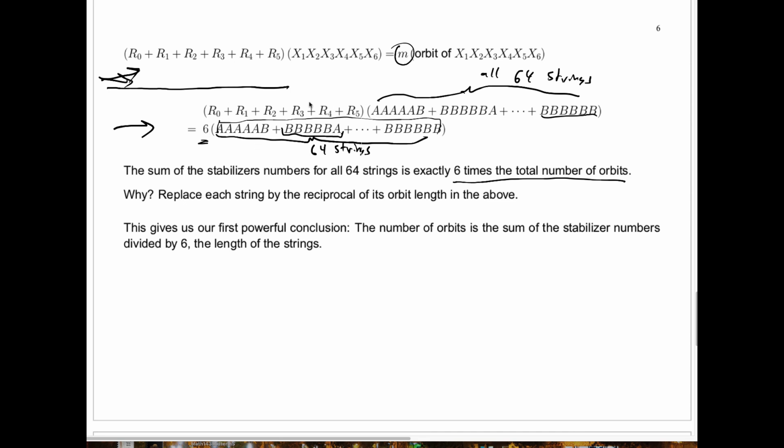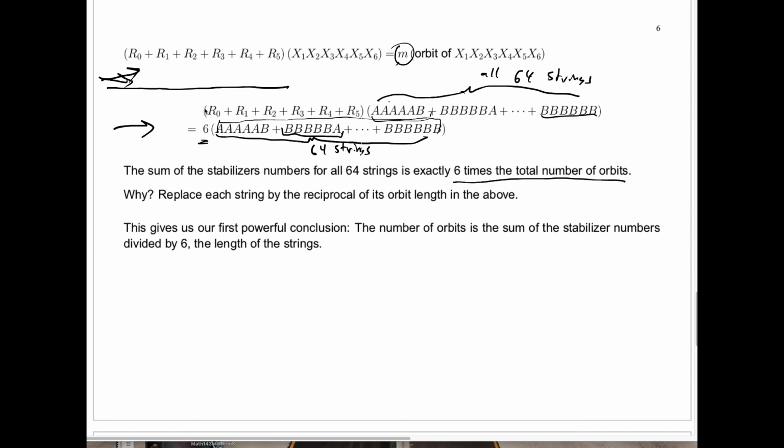But what happens up here when we replace each string by the reciprocal of the orbit length? When we take all 6 rotations and apply them to this first string, by the identity above, we get just the stabilizer number for the first string times the entire orbit of the string. And when we replace each string by the reciprocal of its orbit length, the sum over that entire orbit will be exactly 1.